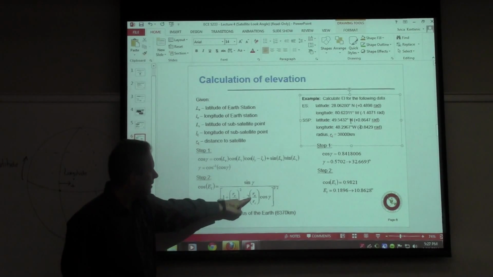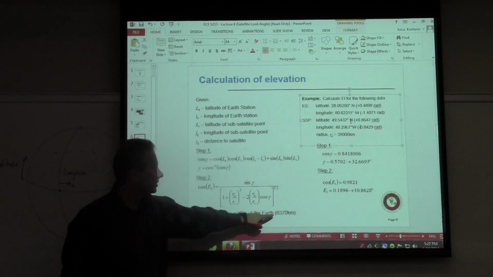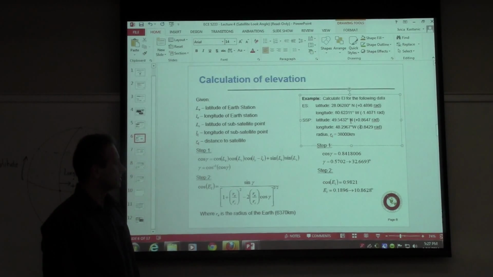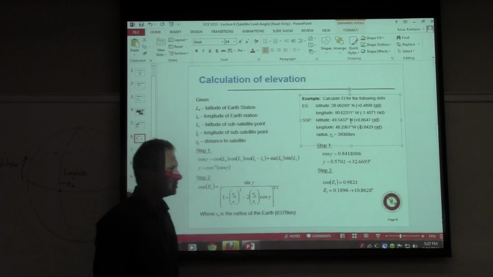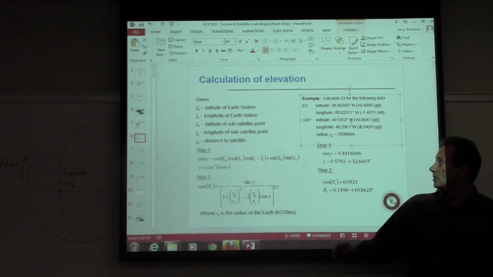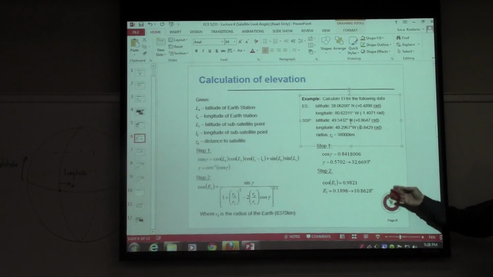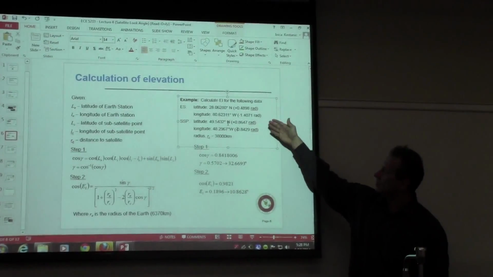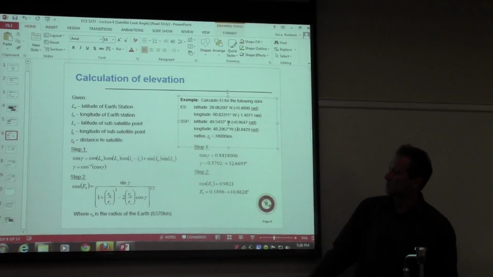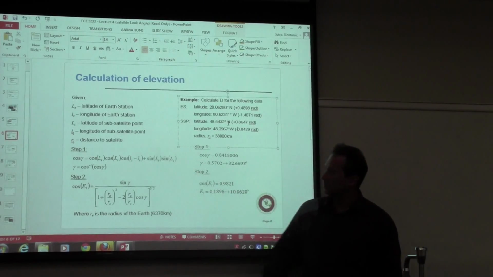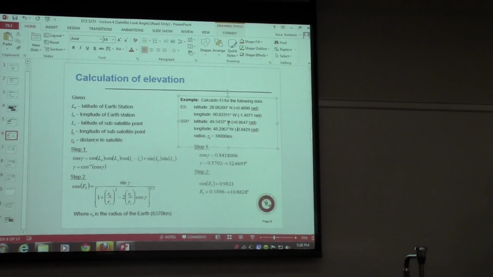The R_E here is the radius of the Earth, around 6,370 kilometers. When you go through these notes, I suggest you use these as intermediate results that you would obtain by doing these kinds of calculations.